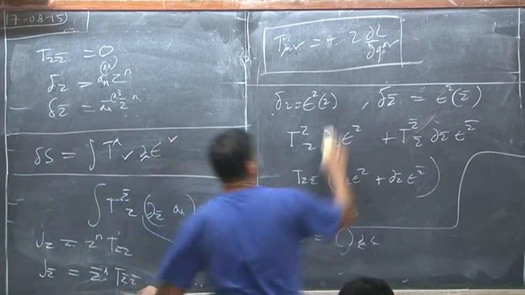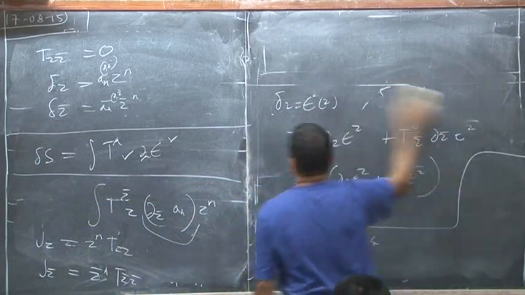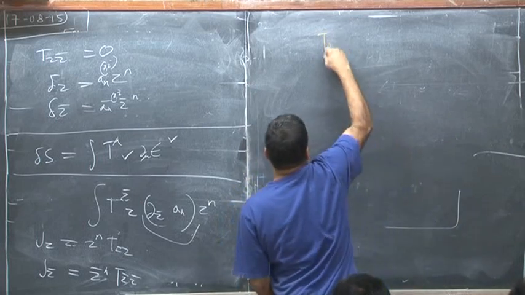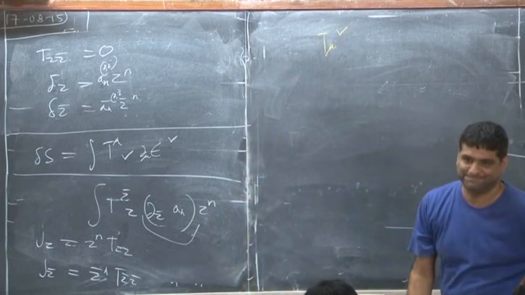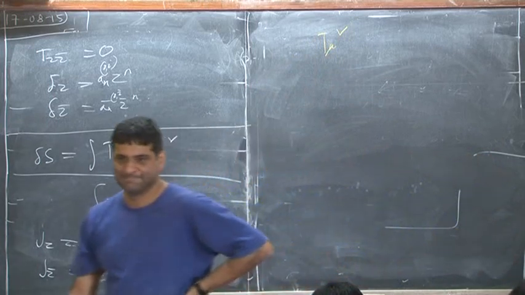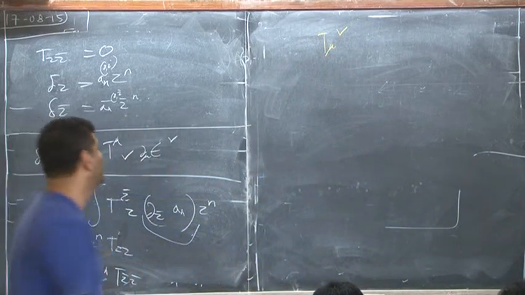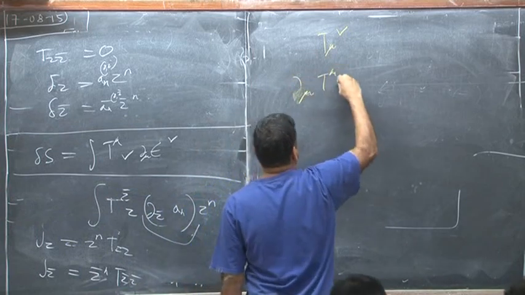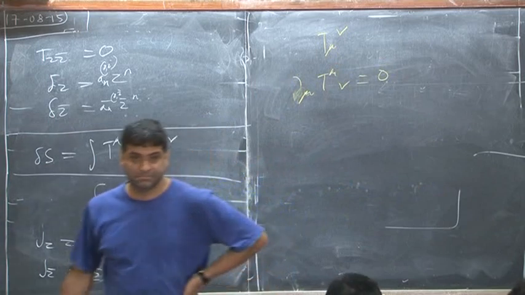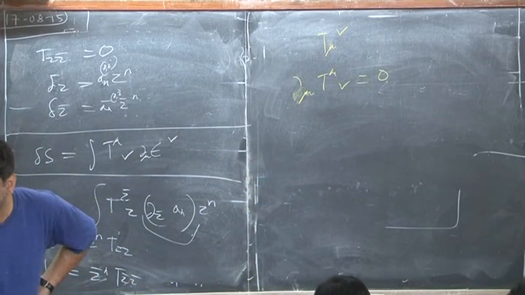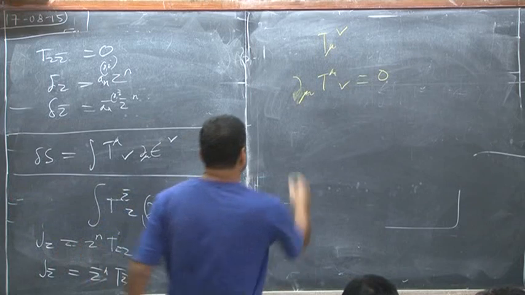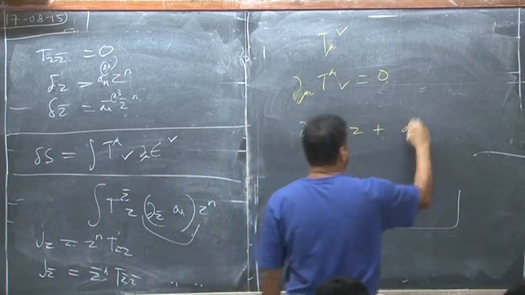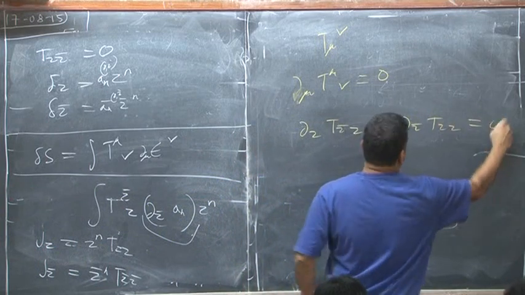Now there is one more relation that we want to use. Remember that T mu nu was a conserved current. So this is the relation that del mu T mu nu is equal to 0. Let's view this in Z Z bar language. This is del Z T_Z bar Z plus del Z bar T_Z Z is equal to 0.